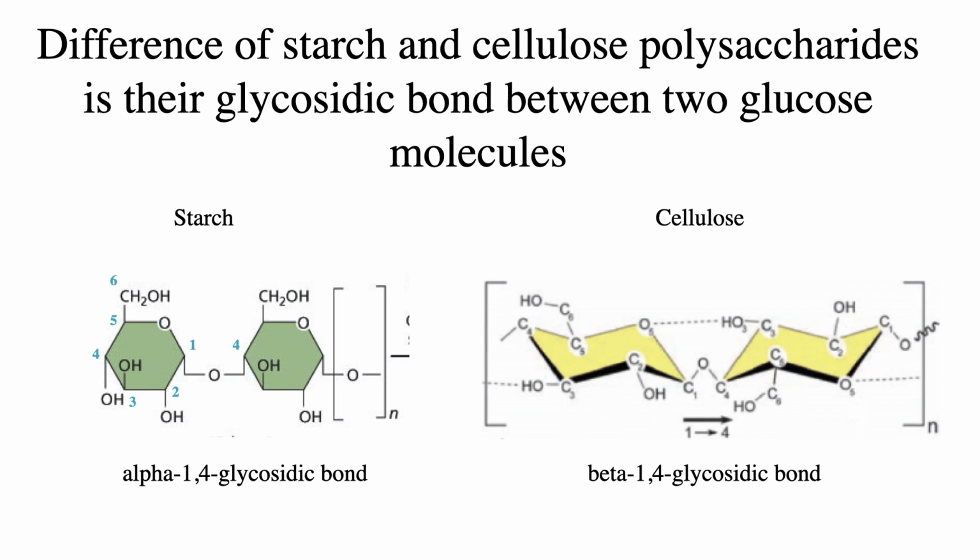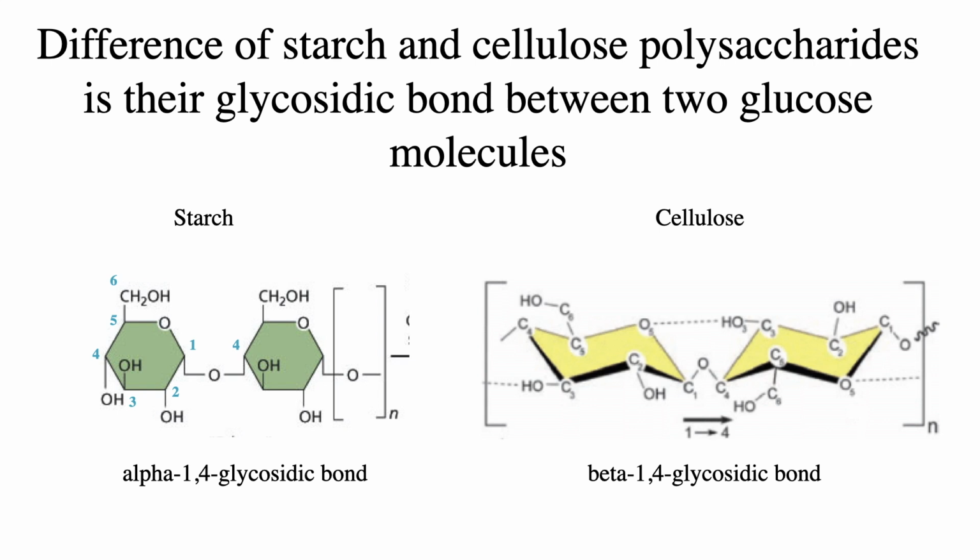In this figure, you can see a comparison of the starch and cellulose molecules. Both of the molecules, starch and cellulose, are made up of glucose molecules. However, the major difference between them is the glycosidic linkage. The glycosidic linkage is an alpha-1,4 linkage for starch and a beta-1,4 linkage for cellulose.